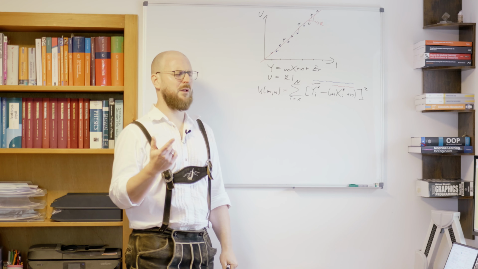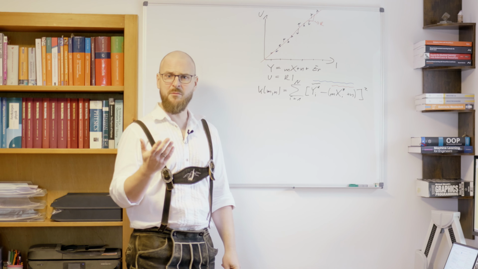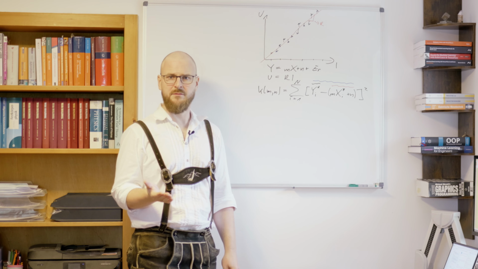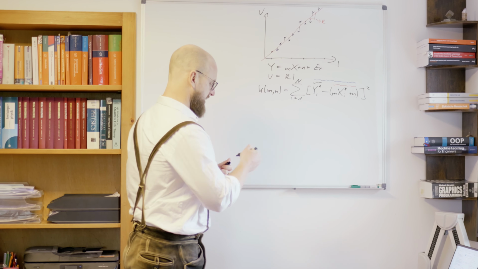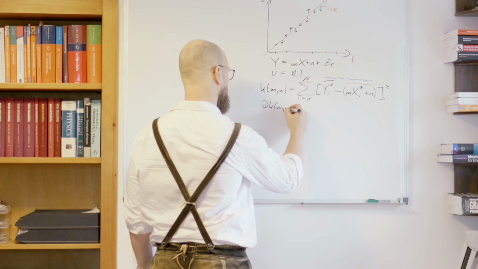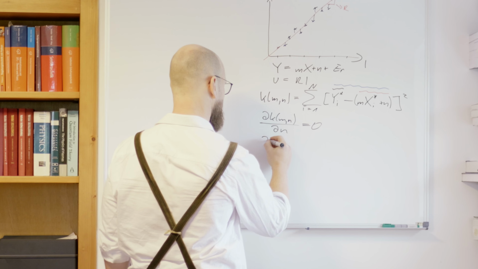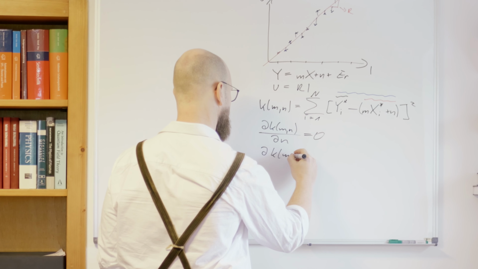Now, the minimum of a function, it's easy to find. We know everything about that. We just have to do some derivations of that function and set them equal to 0.